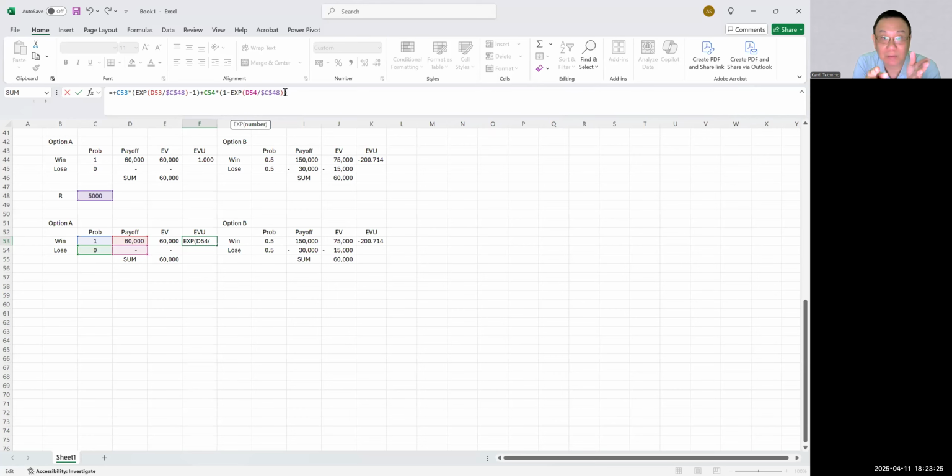That one is also reversed. So the exponent minus 1.